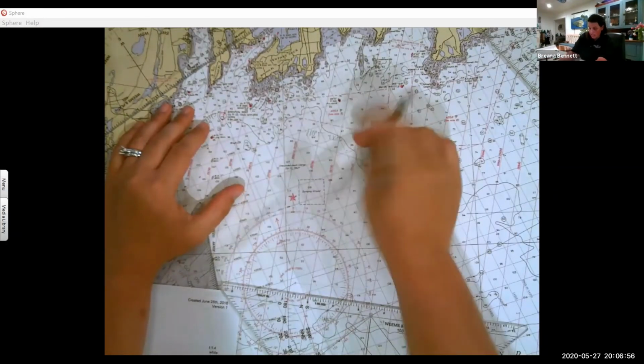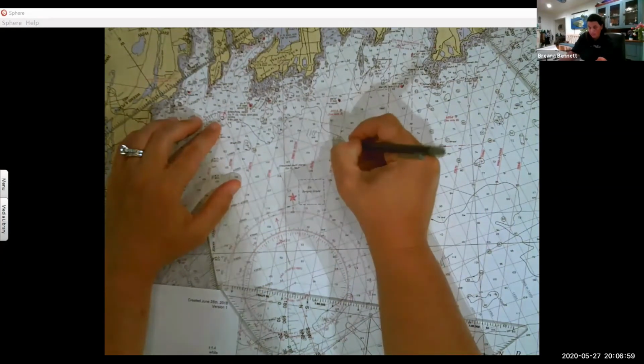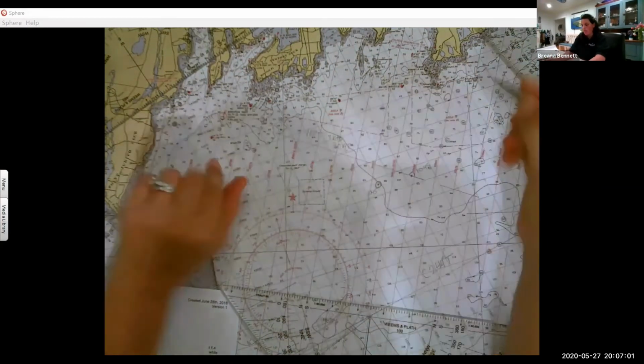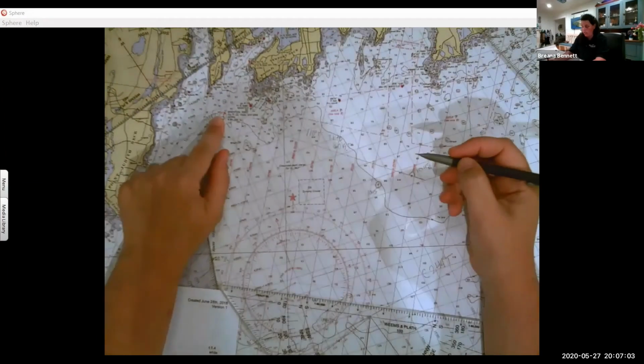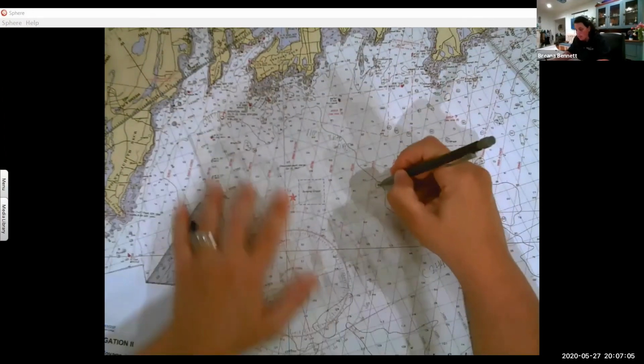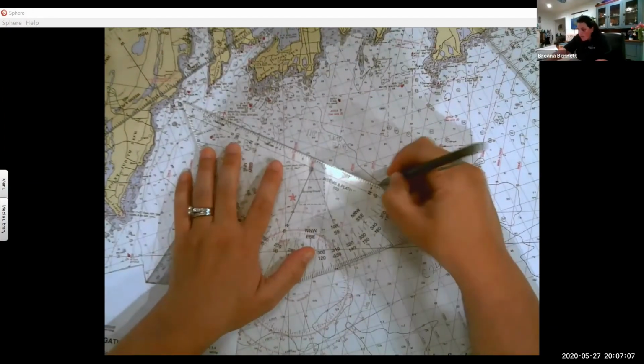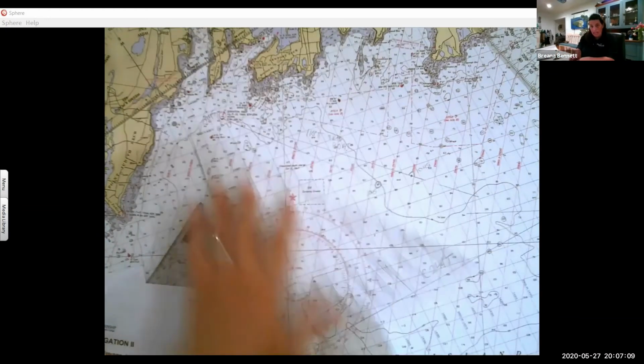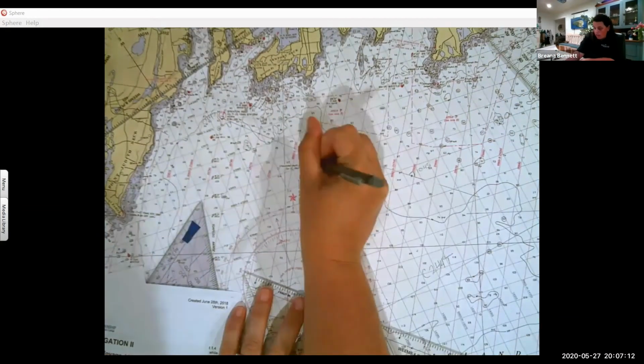I can call this line my boat line. From a known position to the next known position, that's going to be my average of what I made good.